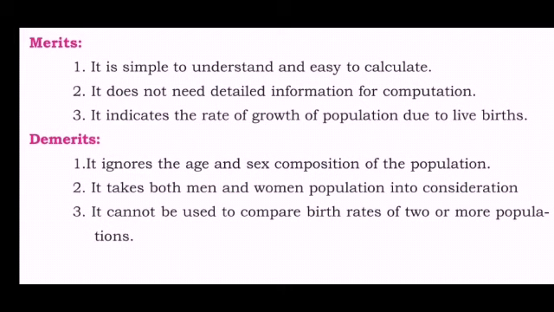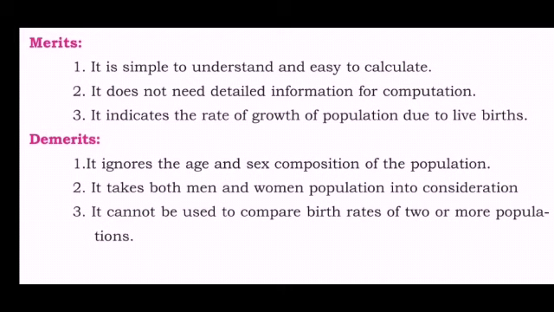And next, demerits. It ignores the age and sex composition of the population. That means here, as already we discussed while discussing the definition, CBR ignores both age and gender composition. As we know, only females of childbearing age will give birth. It ignores that completely.